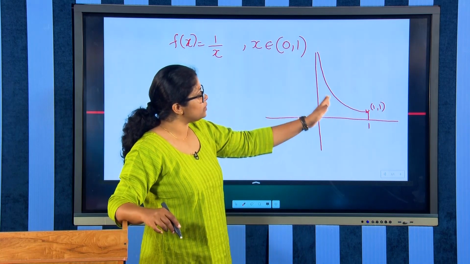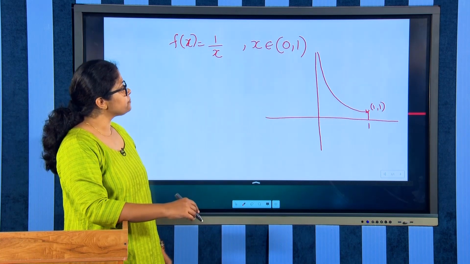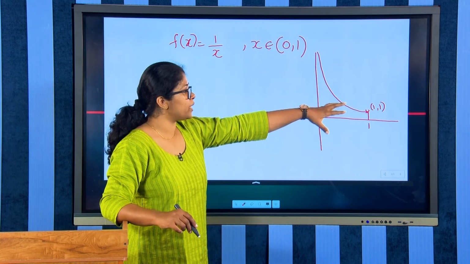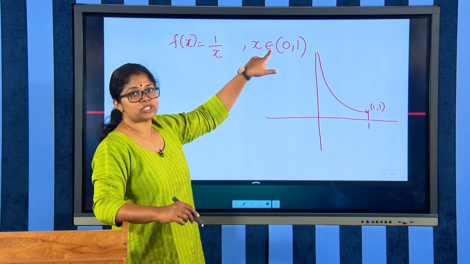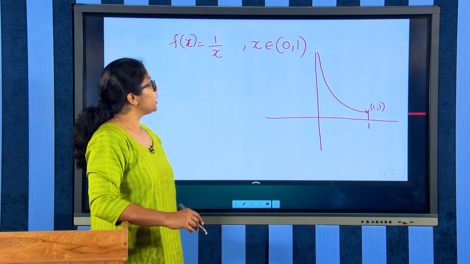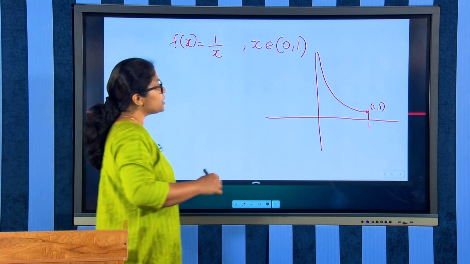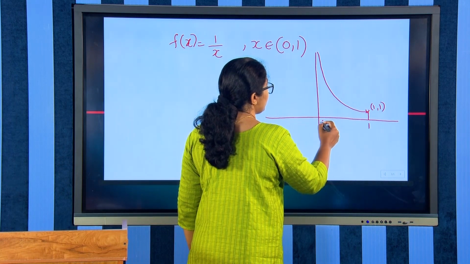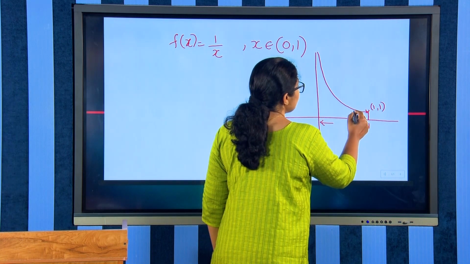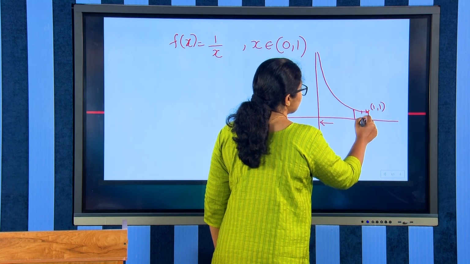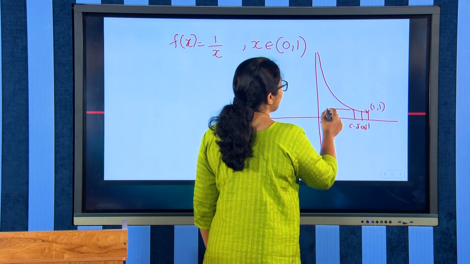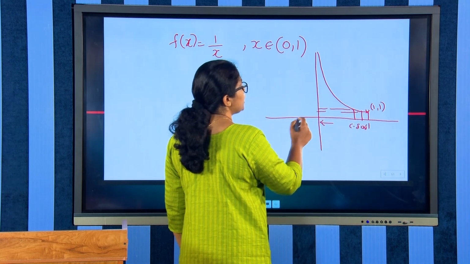Looking at this interval, we can see that the function is continuous because at each and every point the value of the function and the limiting value are exactly the same. But when we consider the points near 0, if we take a particular interval here, say c minus delta, c plus delta, the variation in the corresponding values of the function is this much.